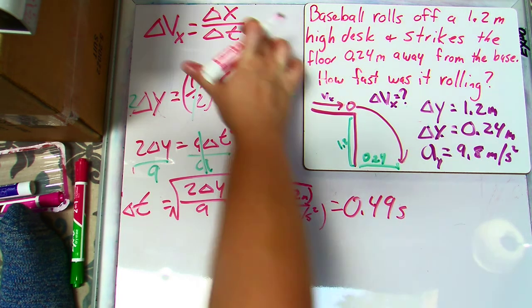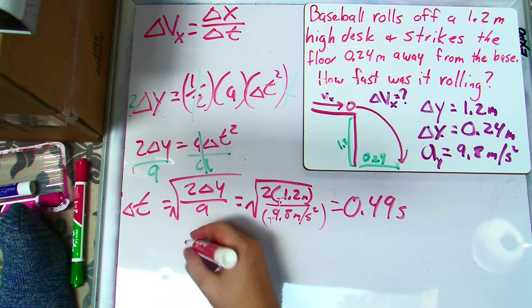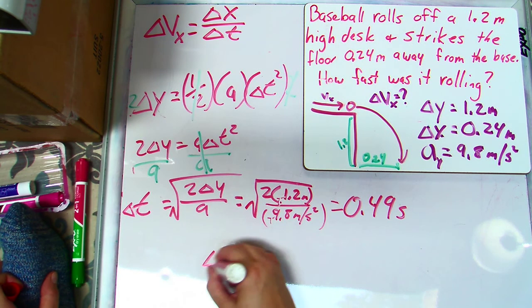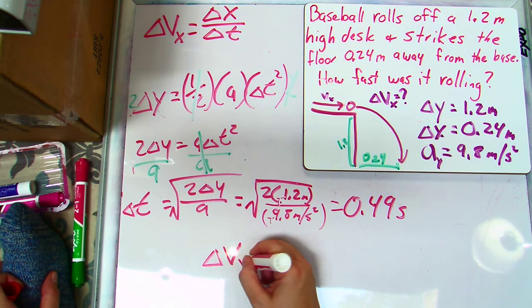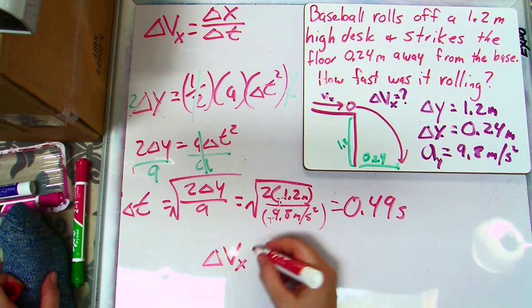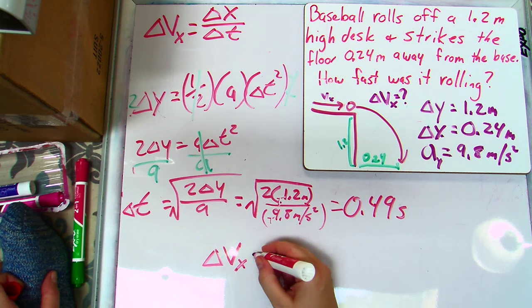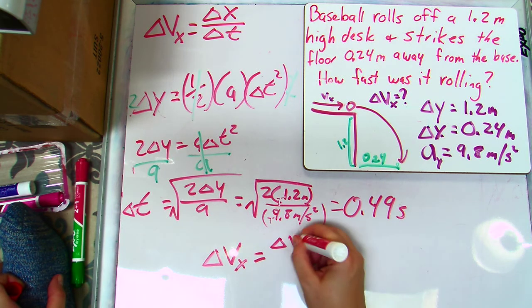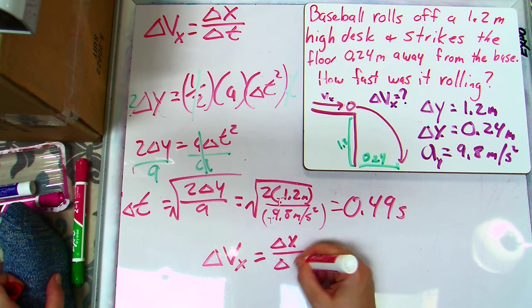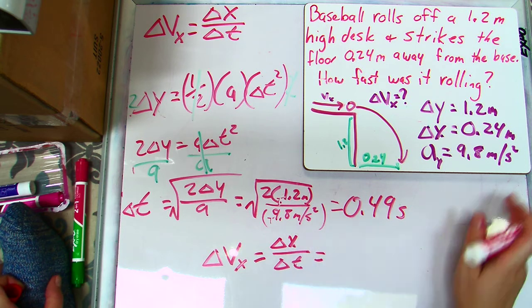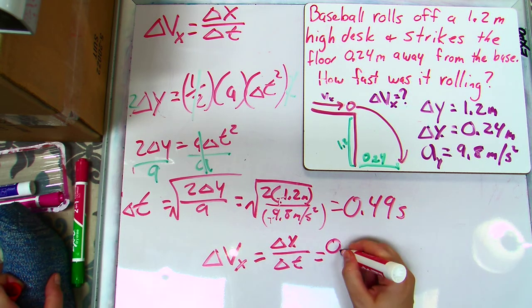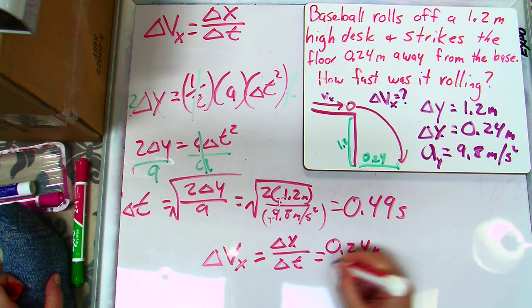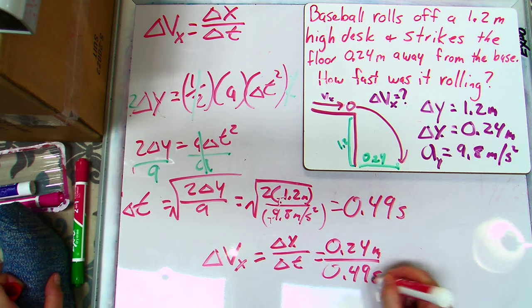Now we can go back to this equation and solve for delta t. So how fast was the ball going as it was rolling forward? So the horizontal velocity equals change in x over change in time. They gave us the change in x, which is 0.24 meters divided by 0.49 seconds.